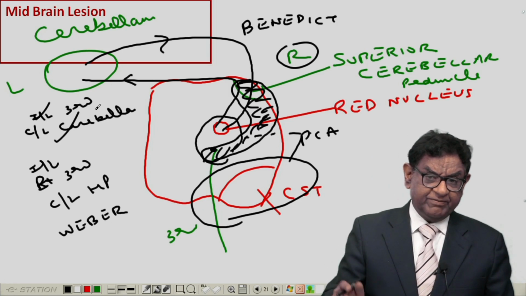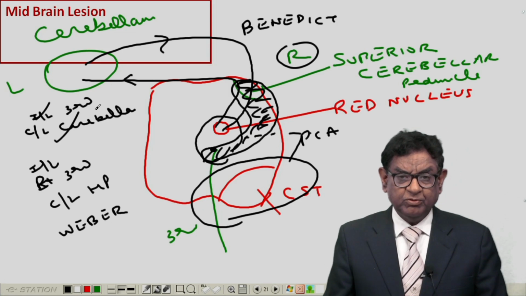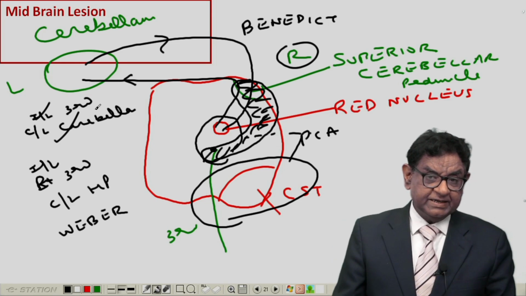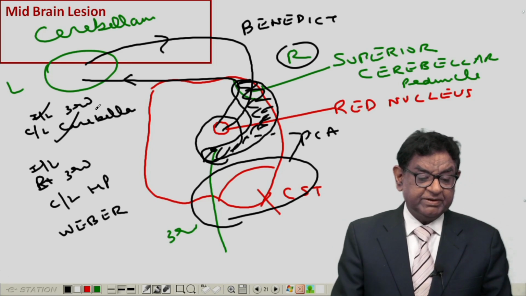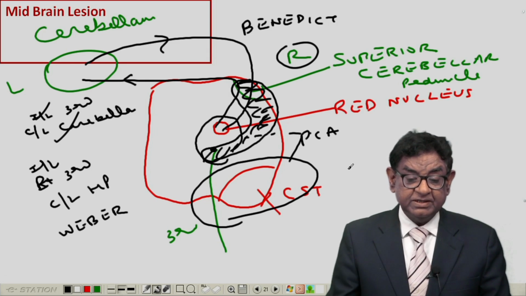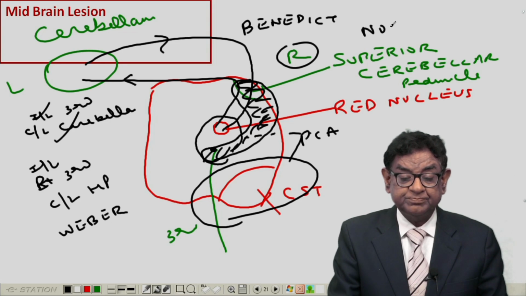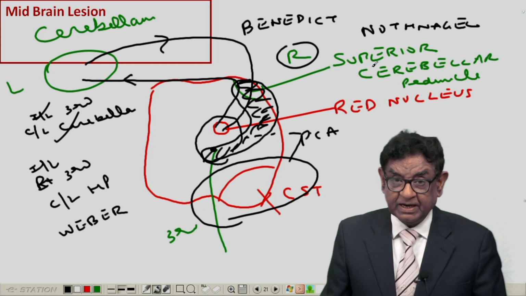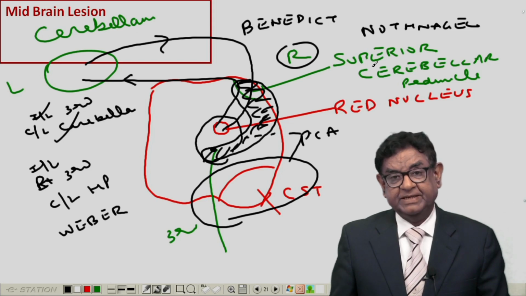So clinically, there will not be any difference, but the only difference between the two is that in Benedict syndrome there was involvement of the red nucleus. Now this is known as Nothnagel syndrome. In Nothnagel syndrome, it is involvement of the superior cerebellar peduncle, artery involved same, clinically same.